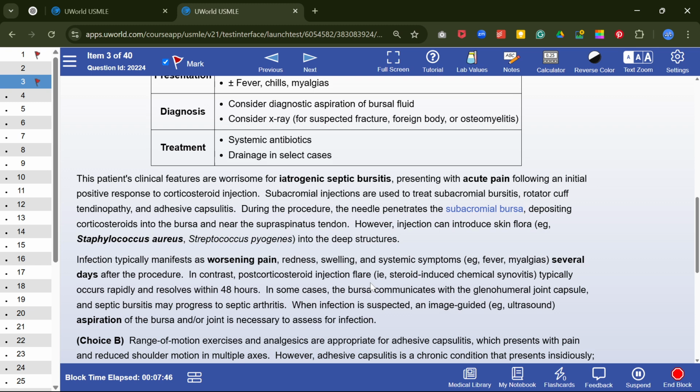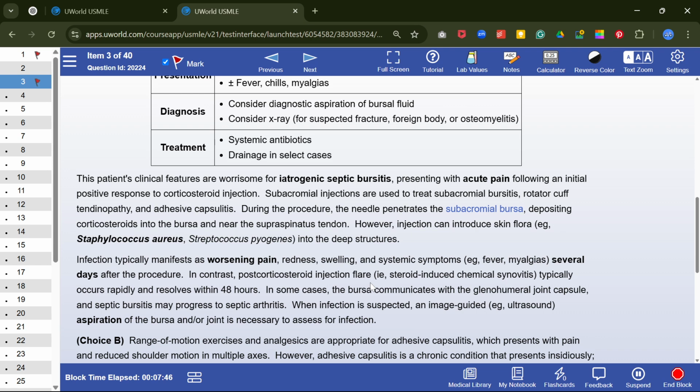In contrast, post-corticosteroid injection flare is steroid-induced chemical synovitis that typically occurs rapidly and resolves within 48 hours.